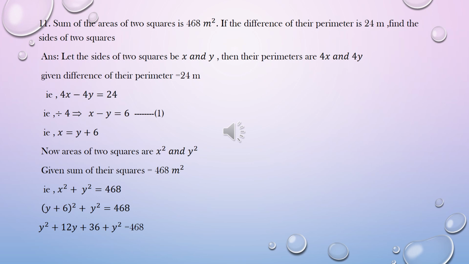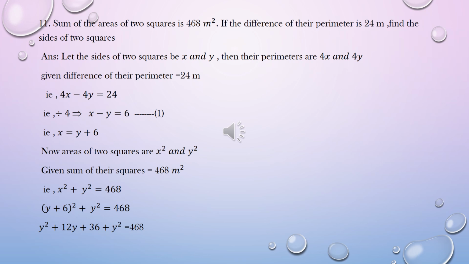In this, we can divide throughout by 4, which makes the equation into a reduced form. That will become x minus y equal to 6, and from this the value of x is equal to y plus 6. This x equal to y plus 6 can be substituted in x square plus y square equal to 468.